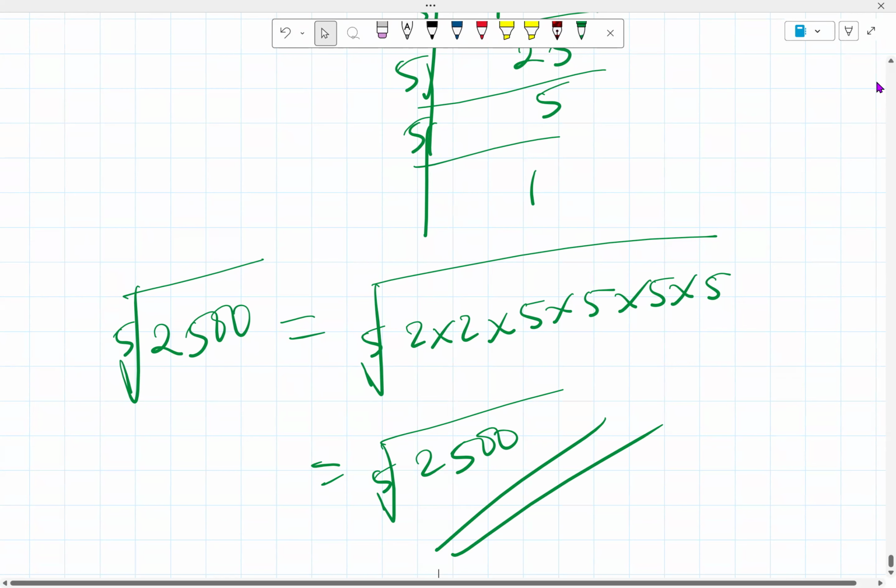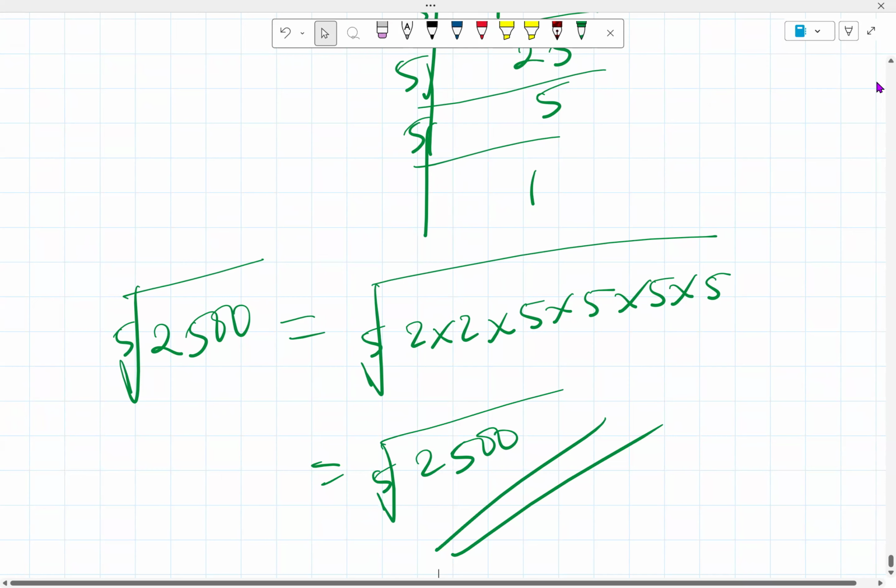So let me see what that looks like. 5 raised to power 5, that's 3125. So we can't simplify it further.